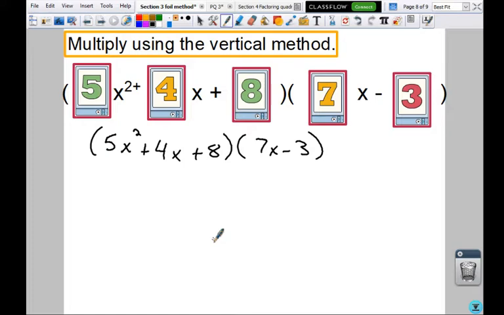I got it. Okay, did I do this right? No. Yeah, that's good. Did I do this right so far? Yeah, looking good. Now you just gotta add them.